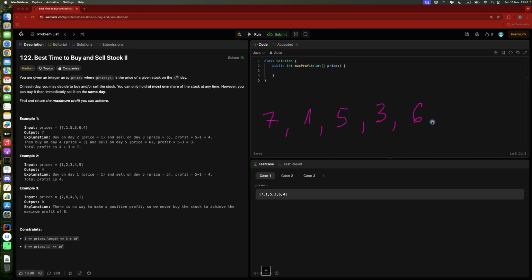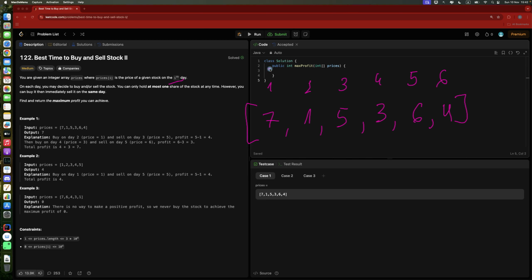Here is the input, right? And we start implementing. But let's see. Those are the days, right? 1, 2. I know this is the zero index, but I will write it from 1 because those represent the days here, ith day.